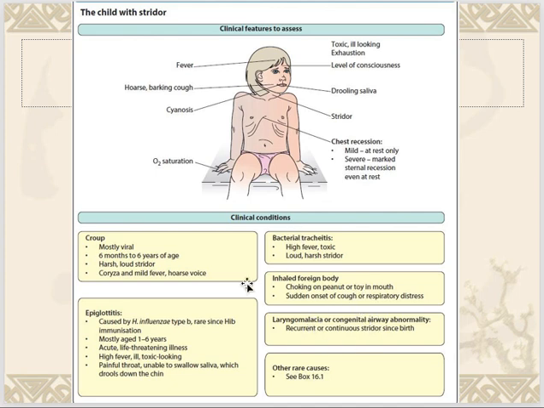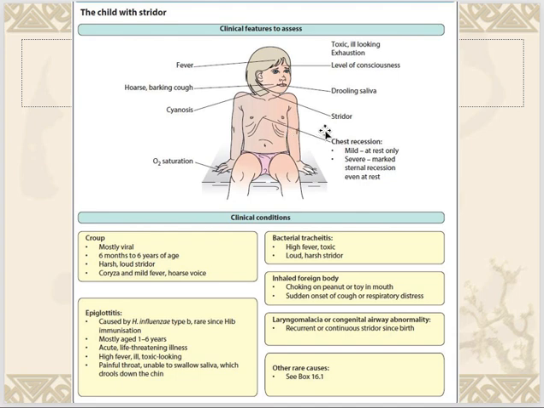Now, what's the point of taking you through this? Whenever the baby comes, you will take the history and do the examination. Examination points I told you. From the history points, you have to think whether it's croup, epiglottitis, or bacterial tracheitis. And before that, based on the history and examination, you have to think whether it's an emergency or not.